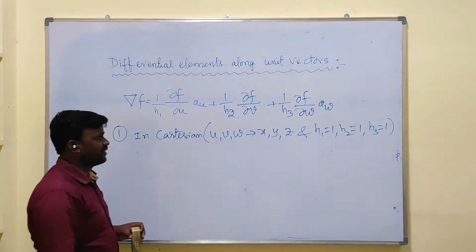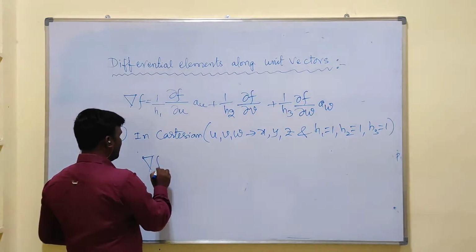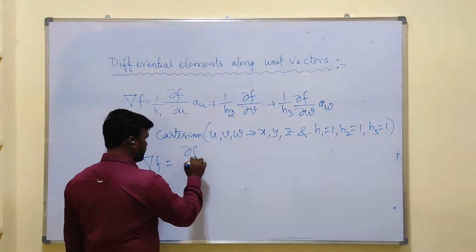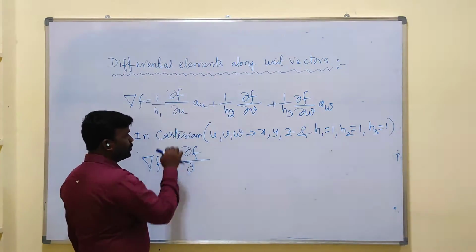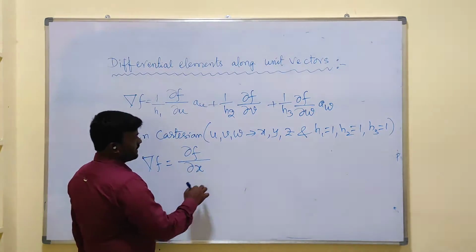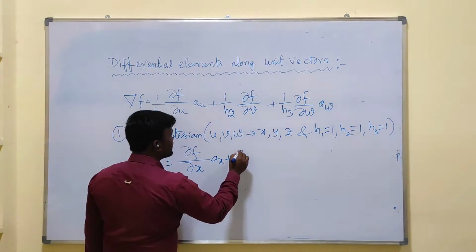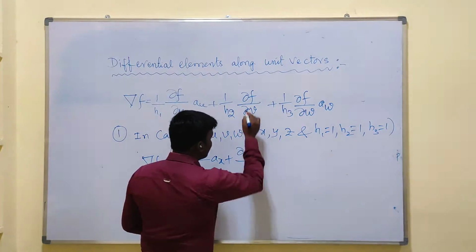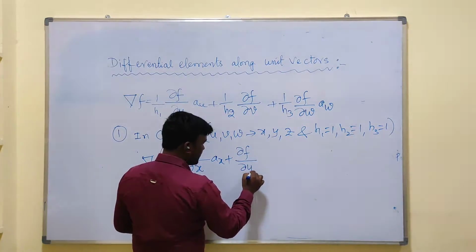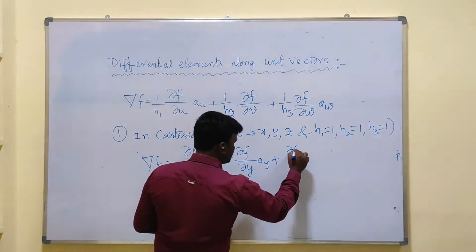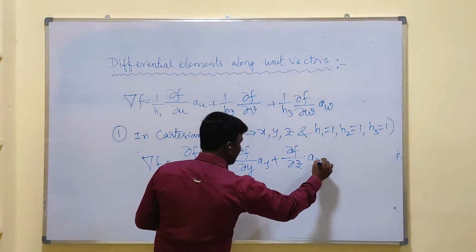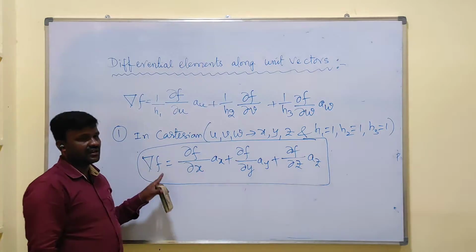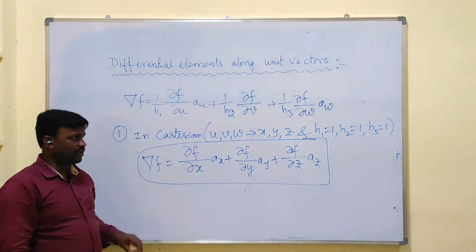Now substitute in this one, and you will get del f equals 1 by H1, 1 by 1, 1 into something, that something being dou f by dou u, where u is x, a x. Plus 1 by H2, that is 1 by 1, again 1 into dou f by dou v, where v is the second element, a y. And similarly, the last one, dou f by dou z, a z. This is the gradient of the given scalar function in the case of the Cartesian coordinate system.